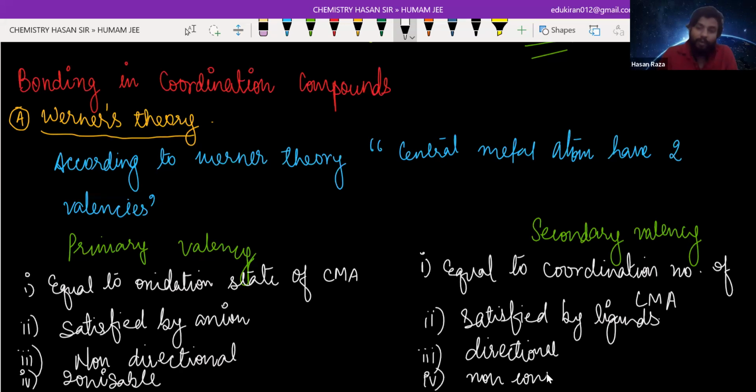So as I told you, when we started complex compound, double salt, addition compound. Addition compound is of two types. One is double salt, another is complex compound. Complex compound is the one which retains its property in aqueous state as well as in solid state.